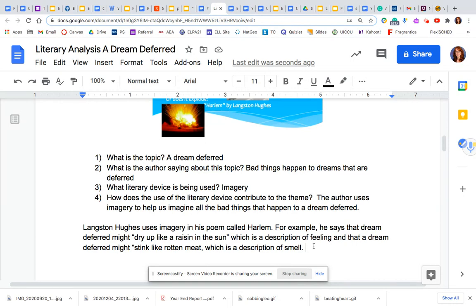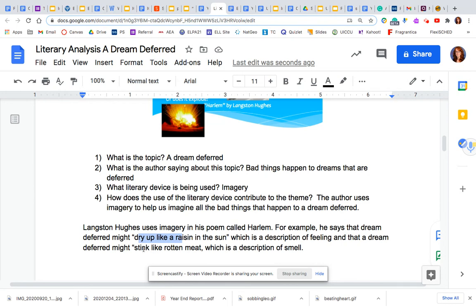And now the next step is to connect the literary device to theme. Okay, remember the theme is that bad things happen when a dream is deferred. Okay, bad things, which are exemplified in the poem by words like dry up and stink.